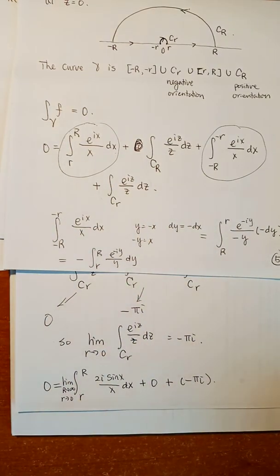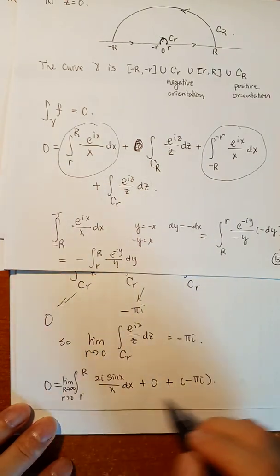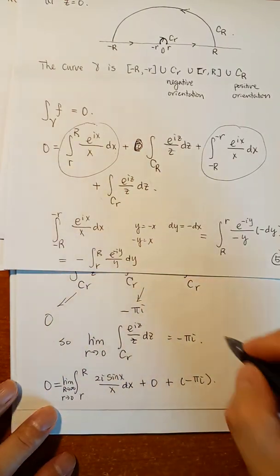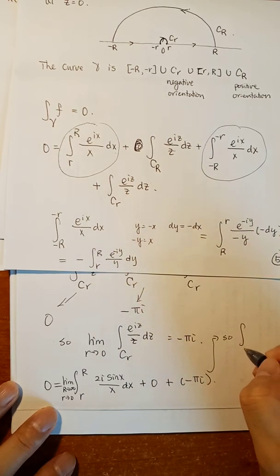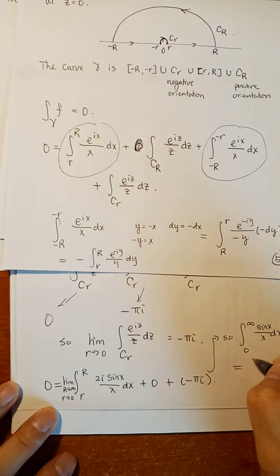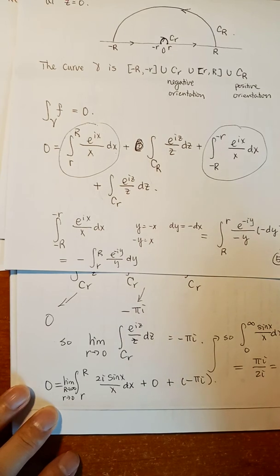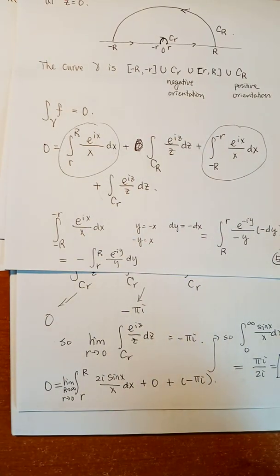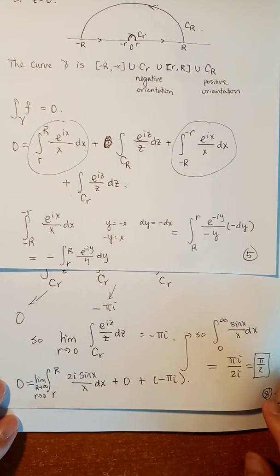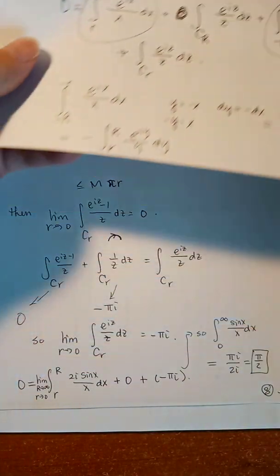Then we just move this to the other side and divide by 2i. So we get pi over 2.